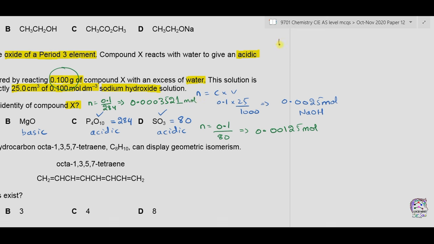As we know, phosphorus oxide dissolves in water to form phosphoric acid. Similarly, sulfur trioxide dissolves in water to form sulfuric acid.